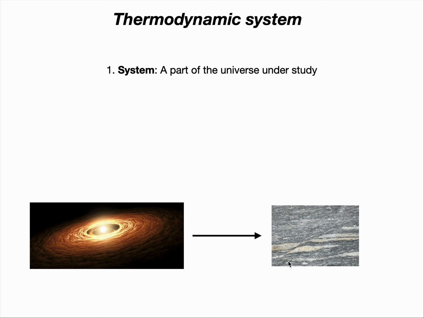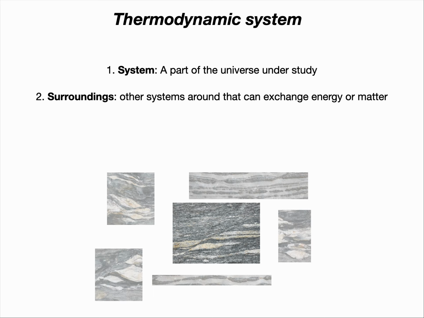And of course, we want to focus on a piece of rock somewhere. And yes, a beautiful piece of rock. A system is defined because you also have surroundings around the system. Other systems can exchange energy or matter. They are around and they may have an influence on the system here. So these other systems are called surroundings.